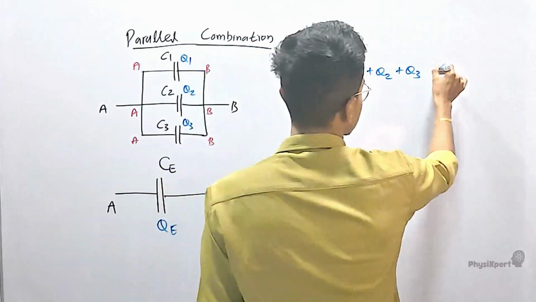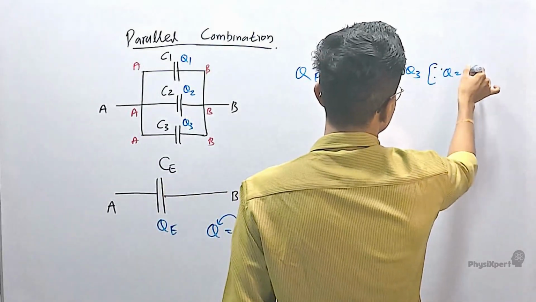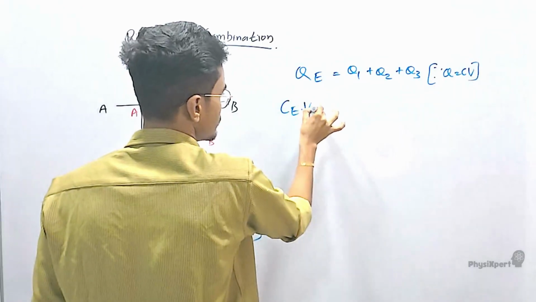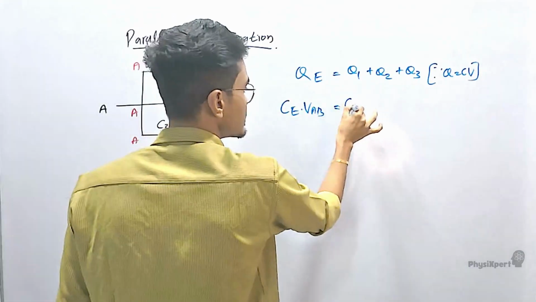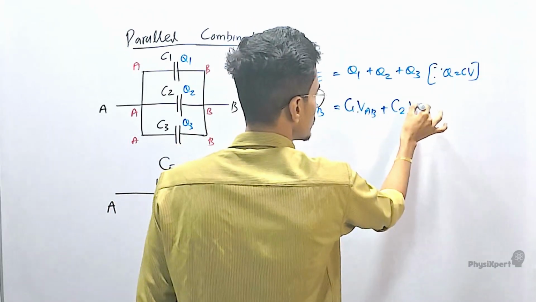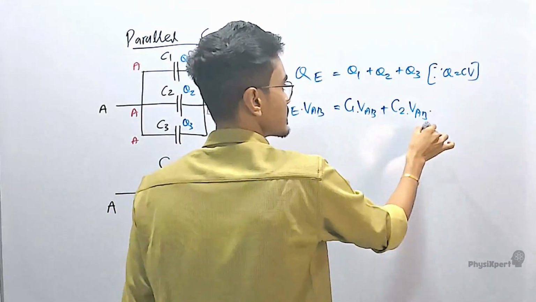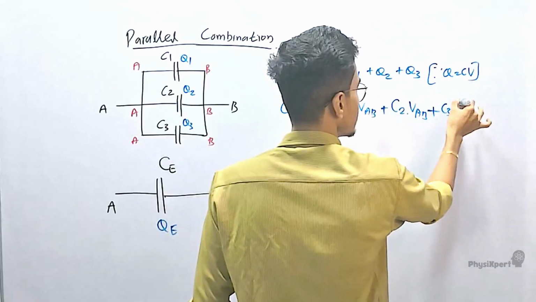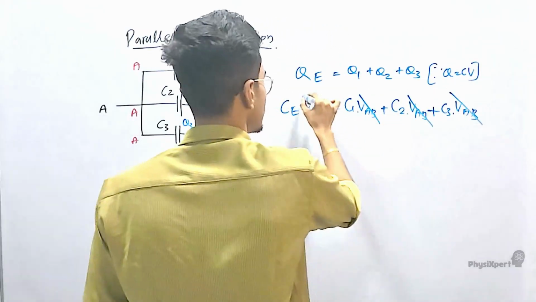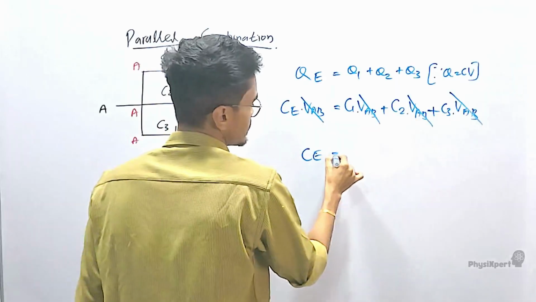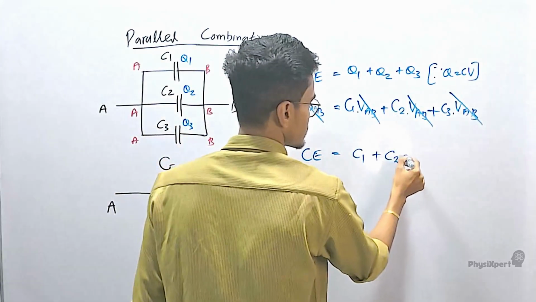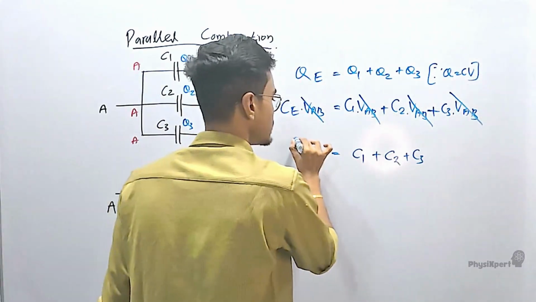So we know Q equals CV. QE is CE VAB, Q1 is C1 VAB, Q2 is C2 VAB, and Q3 is C3 VAB. VAB cancels, so CE equals C1 plus C2 plus C3.